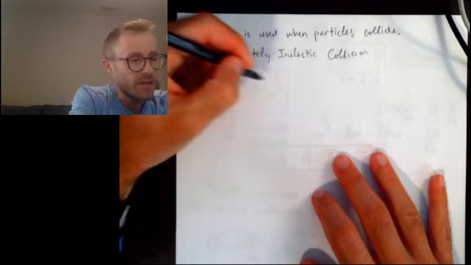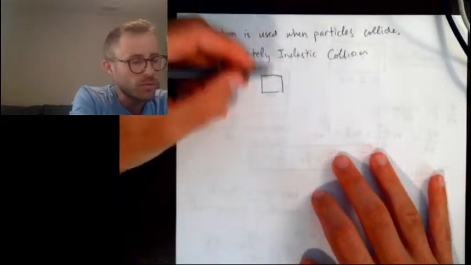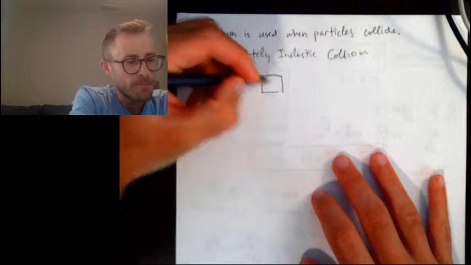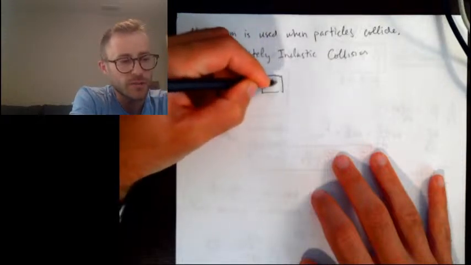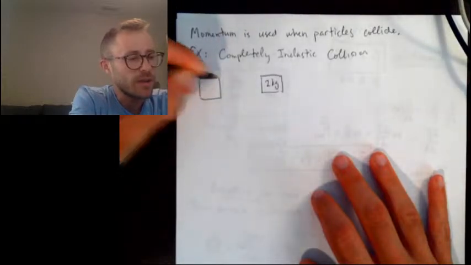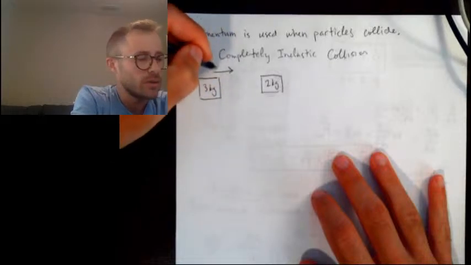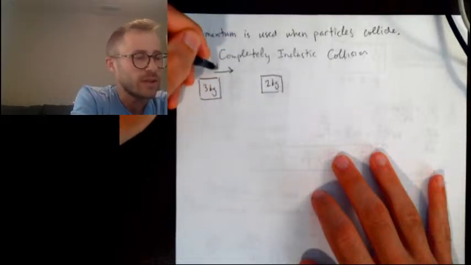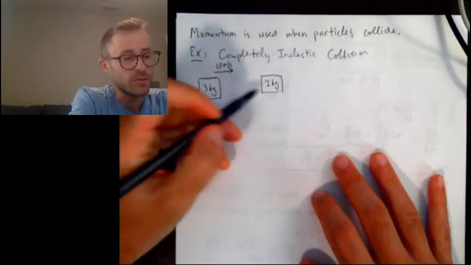And so what we have here is a block. This block starts out at rest, and it has a mass of 2 kilograms. This block has a mass of 3 kilograms, and it's headed this way at, let's say, 10 meters per second.